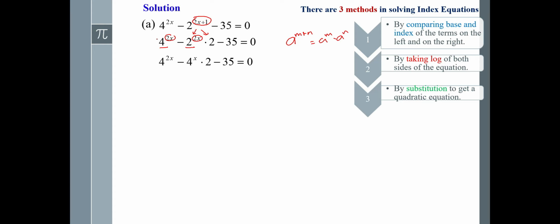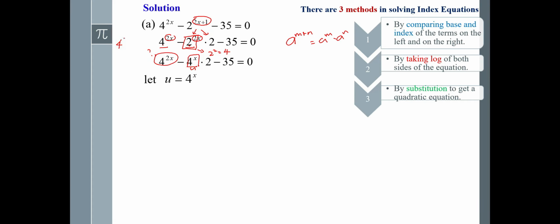What you can do next is, you can change them to be the same base. Either you change 4 to be base 2, or you change 2 to be base 4, by changing 2 to the power of 2 to be 4. And this is the substitution method. You're going to let the base with the smallest power be the variable. So let's say u equal to 4 to the power of x. So if this is u, then what is this going to be?